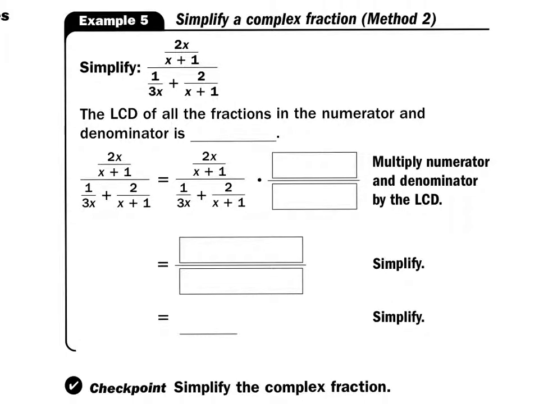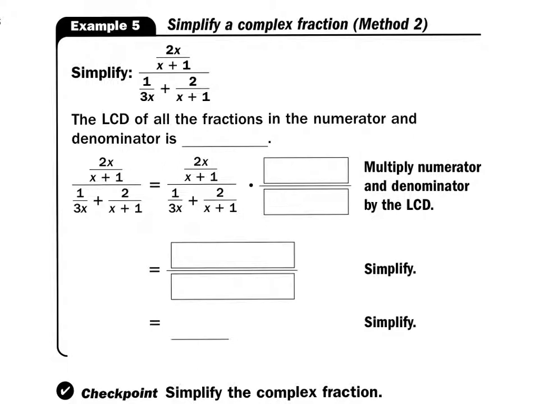So, on the bottom, I will have 1 over 3x times x plus 1. What did I need from this to make it look like this? I need the x plus 1. So I'm going to put that on the top.